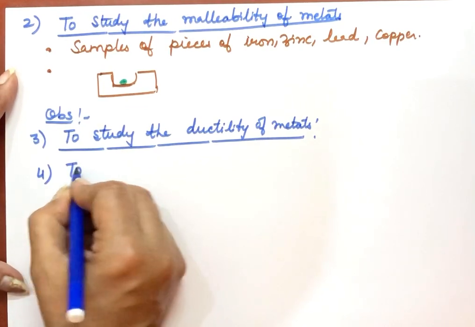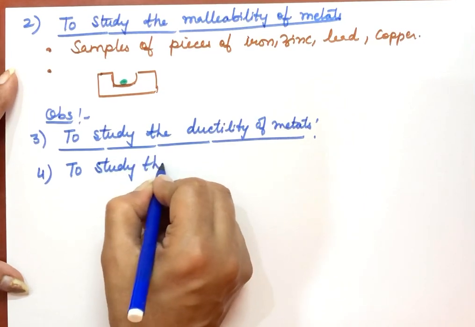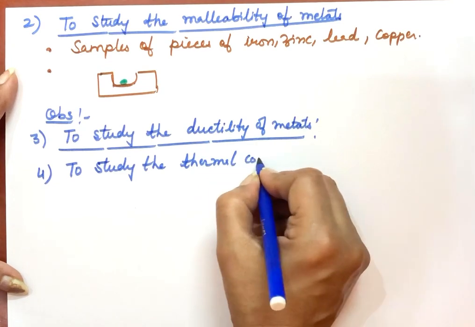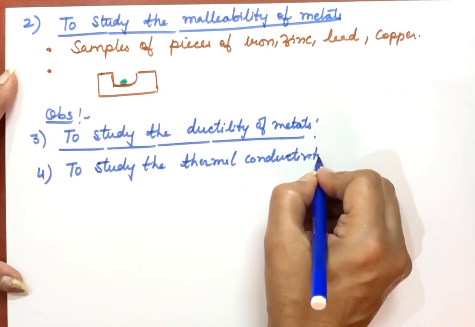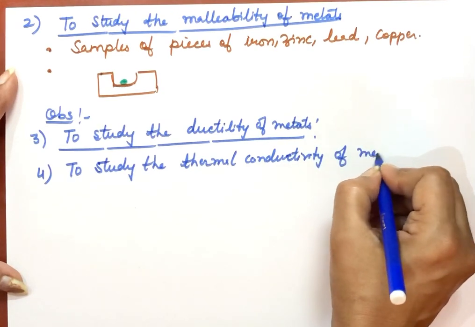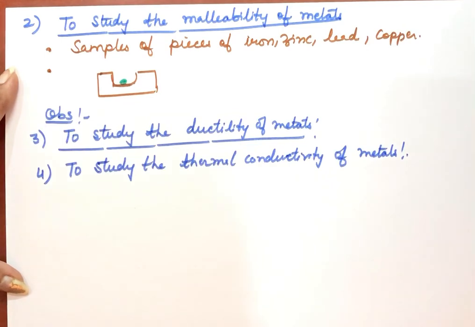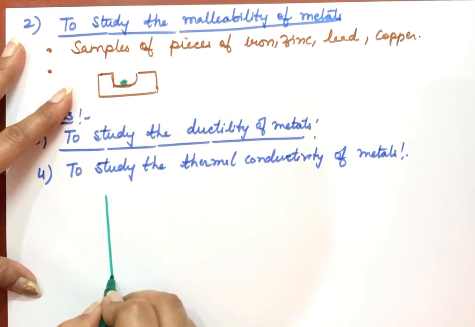Next property we are taking for investigation is to study the thermal conductivity of metals. We have to check that metals are good conductors of heat. To check this property, we will take an aluminium or copper wire, and we have to clamp it on a stand.